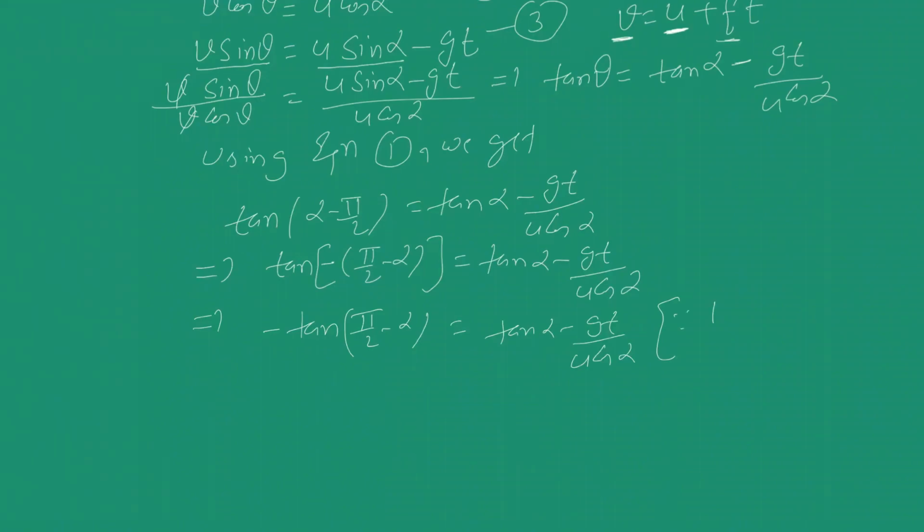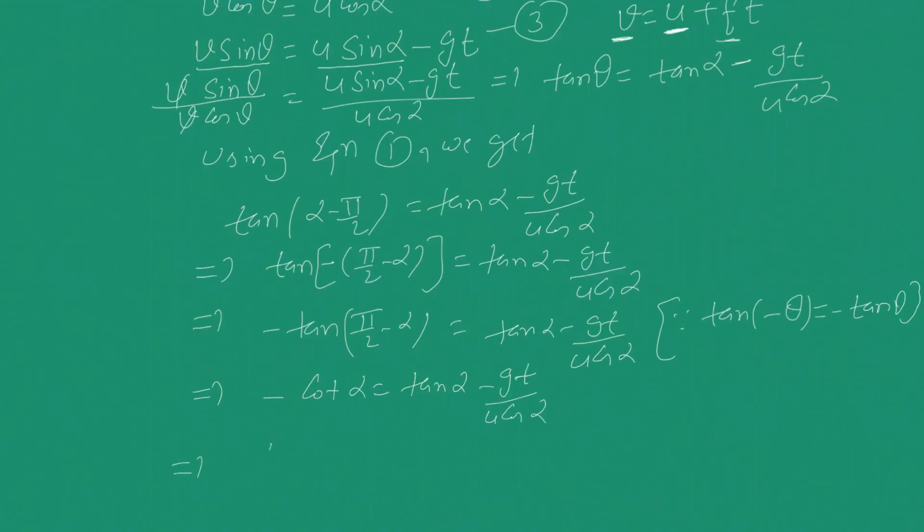And you mention here that tan minus theta is equal to minus tan theta. This implies that it will be minus cot alpha is equal to tan alpha minus gt by u cos alpha.